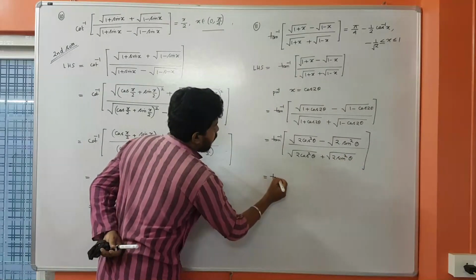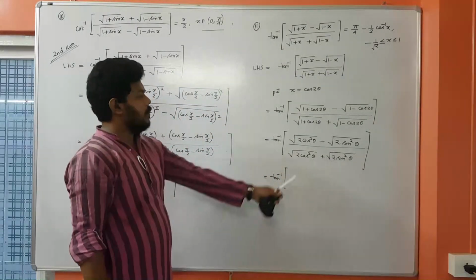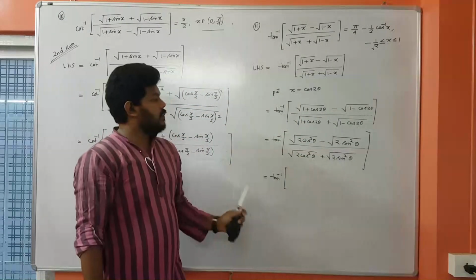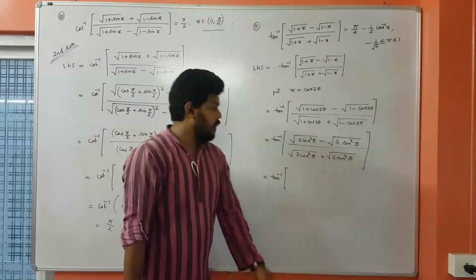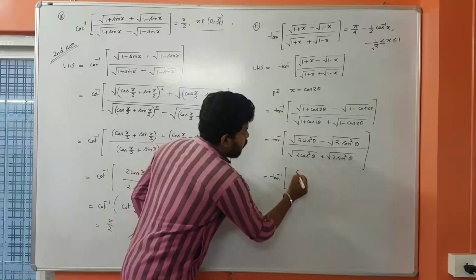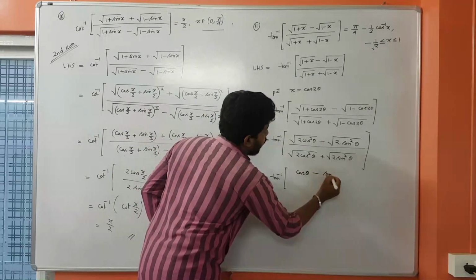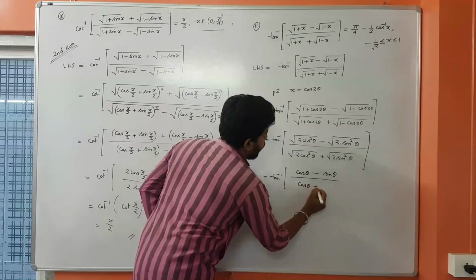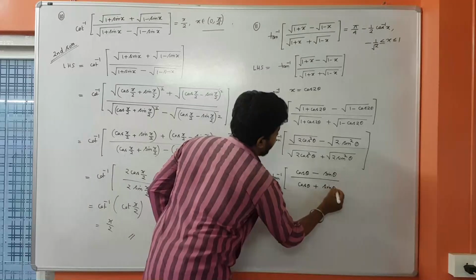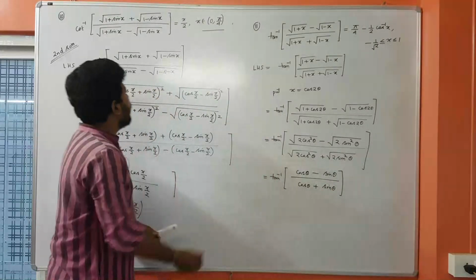Now tan inverse of root 2 cancelled, and after square root it becomes cos theta minus sin theta divided by cos theta plus sin theta. Now simplify this.